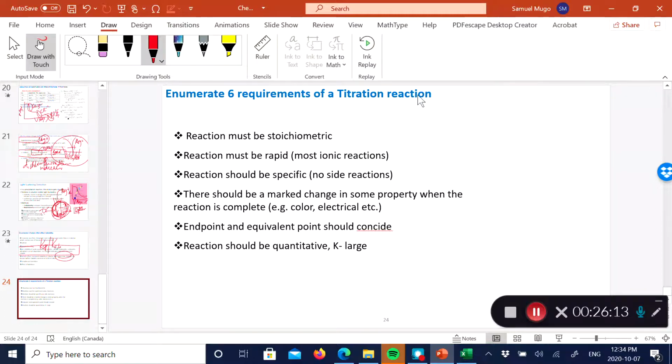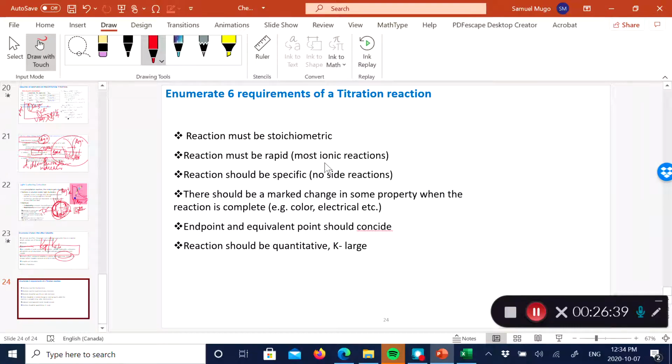Remember, for you to be able to do a quantitative titration, the reaction must be of known stoichiometry. You should be able to know how many moles of the reactants are reacting to give you the moles of the products.